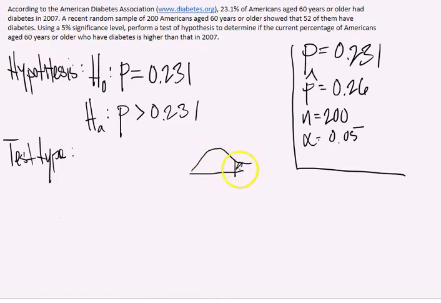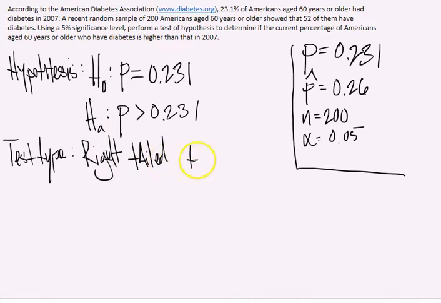Things that are on this side of my average value or mean value. So this will be a test for proportions, and it will be a right-tailed test of proportions.